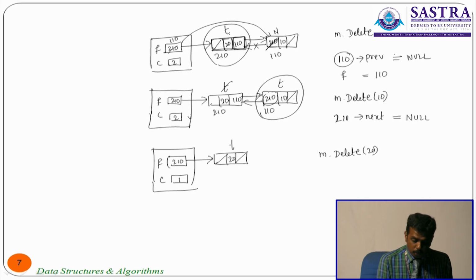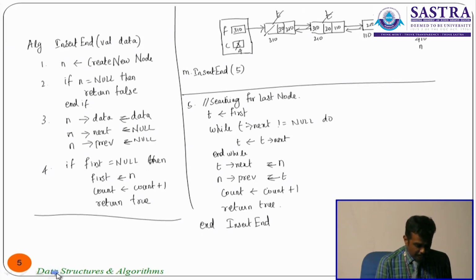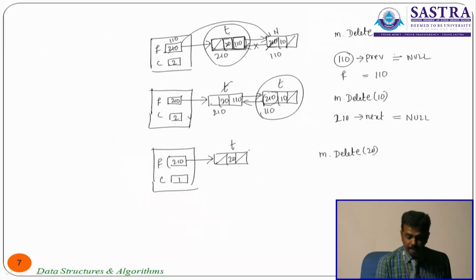As per our code, T of data equals our data in the first iteration itself, so it will be true. Now T of previous equals null, so it will be identified that the node to be deleted is the first node.